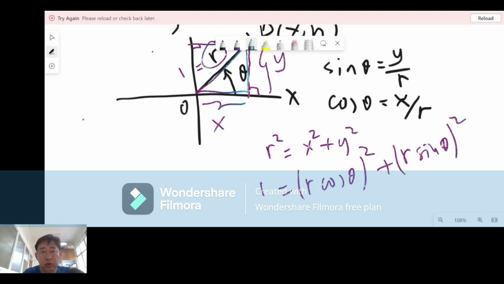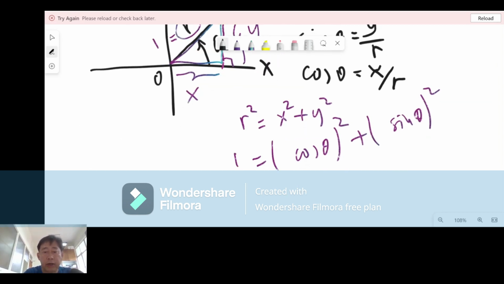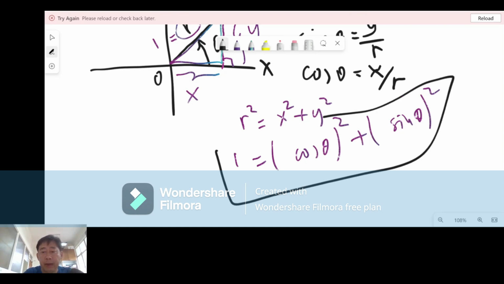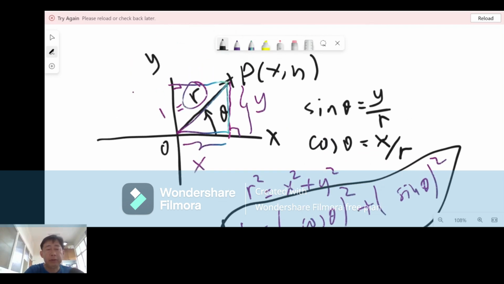And since we assume r to be 1, then we just drop off these values of r. So now you have this very general identity that the square of sine and the square of cos add up to be 1. So the identity is a direct result of the Pythagoras theorem drawn on the triangle that is displayed on the screen.